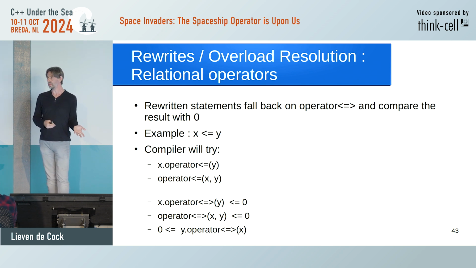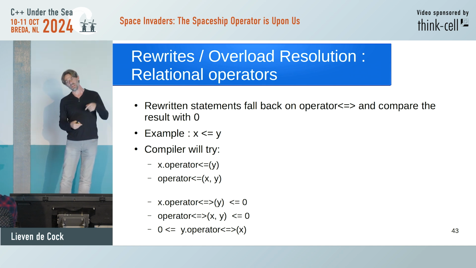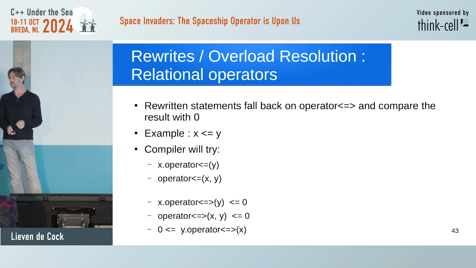Or a freestanding spaceship operator taking an X and a Y, compare it if it's less or equal to 0. And if not, try to swap it and try the spaceship operator on the Y type taking an X. And in that case, it of course should be bigger than or equal to 0.